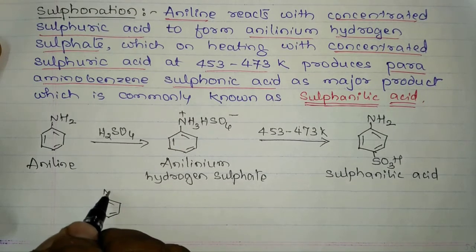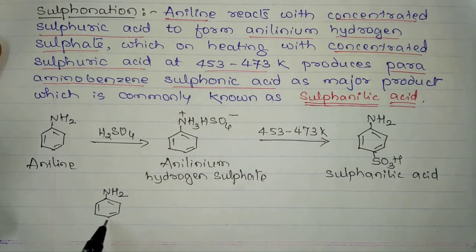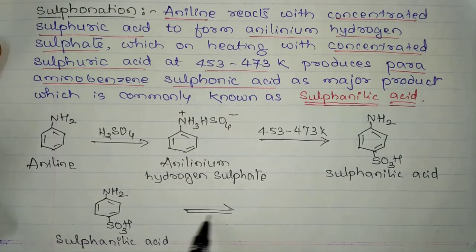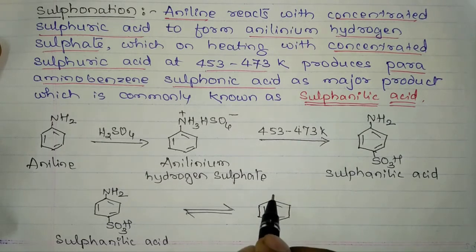This NH2, this is sulfanilic acid, SO3H, NH3 plus, SO3 minus. This is Zwitter ion.